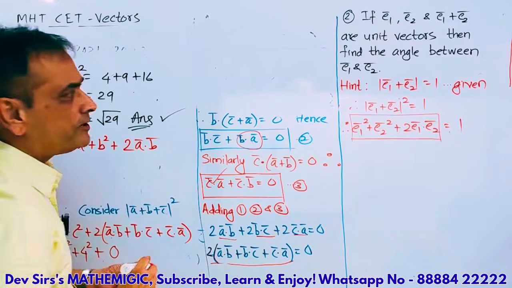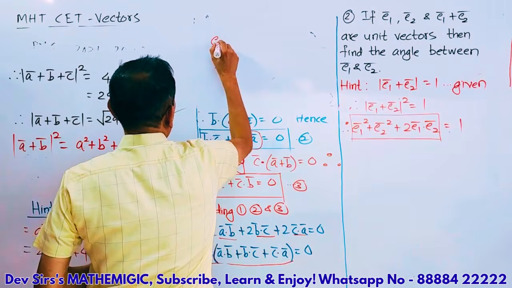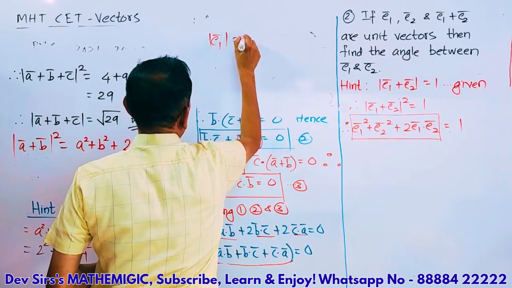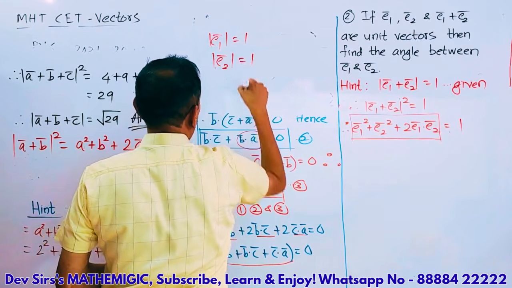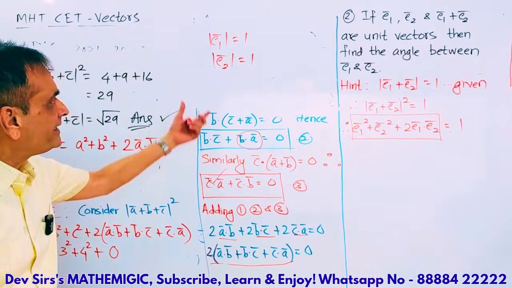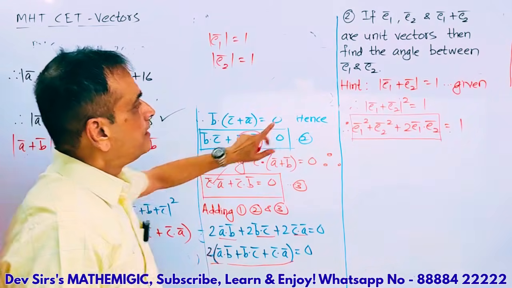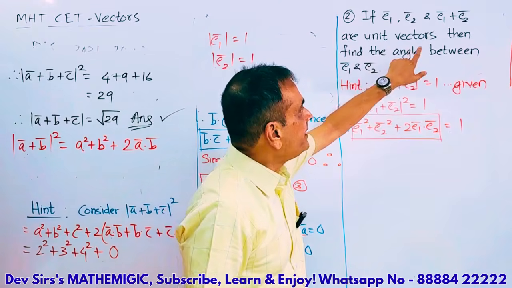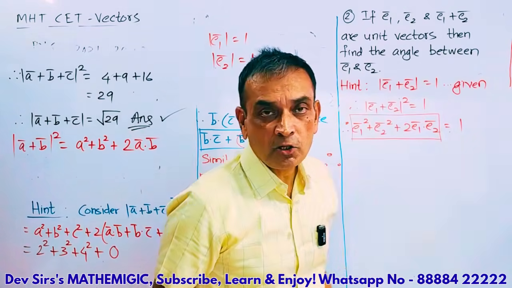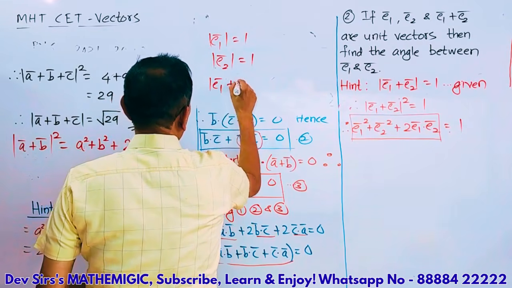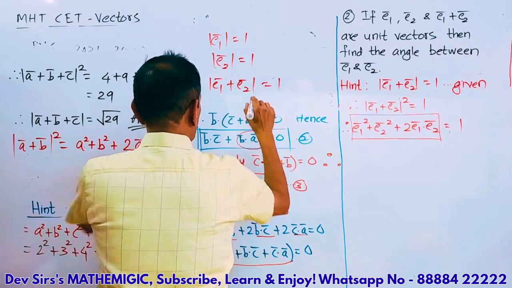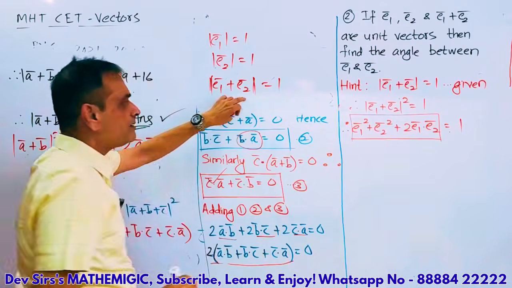Because E1 bar is a unit vector, magnitude of E1 equals 1. E2 bar is a unit vector, so magnitude of E2 equals 1, magnitude meaning this symbol. E1 plus E2 is also a unit vector. After adding both vectors, the magnitude of E1 plus E2 is also 1. That is the important part over here.